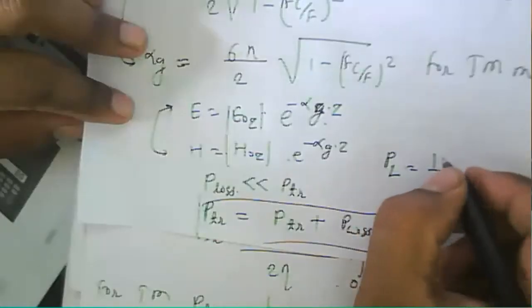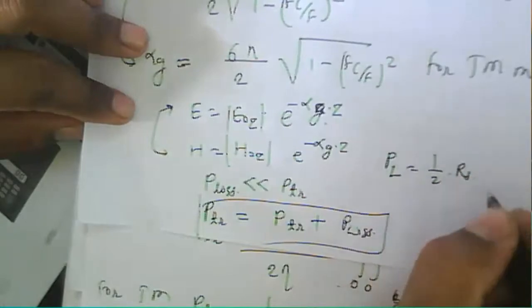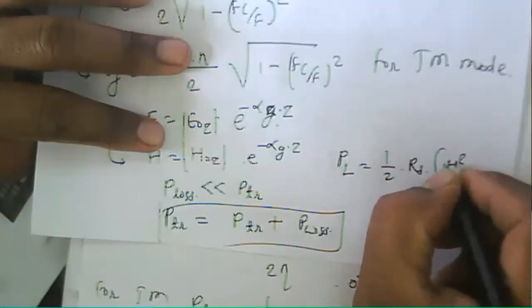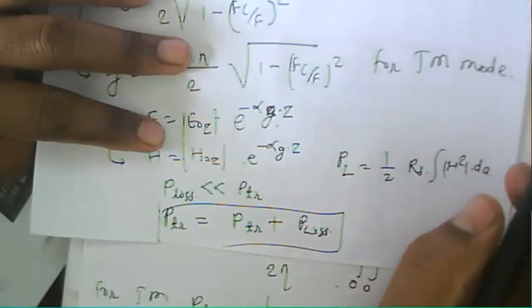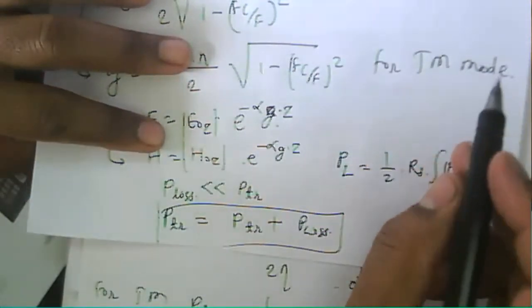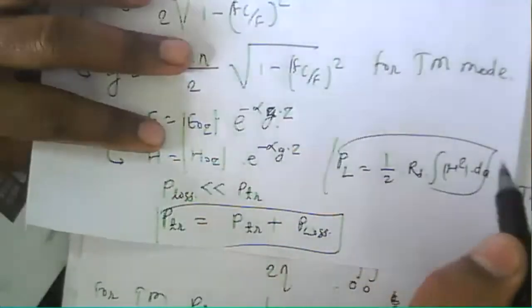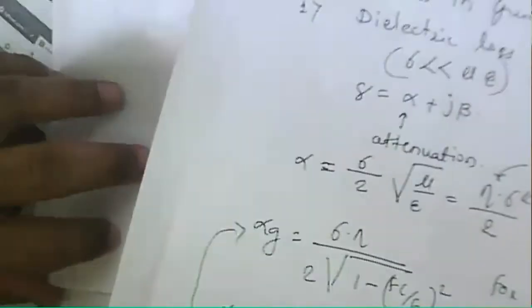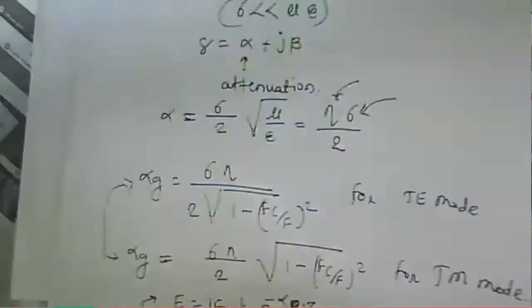That is the same equation we obtained earlier, only with the H square and dA. Similarly for Rs we can write, or we can say that this is the surface resistance. So surface resistance is for conducting walls.